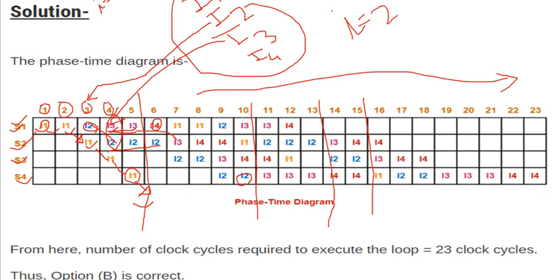We can see that at the 16th clock I1 will again come out of the pipeline, because this I1 entered on the 7th clock.